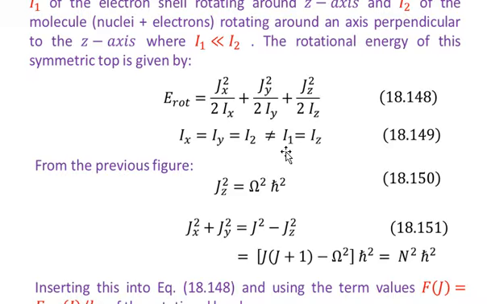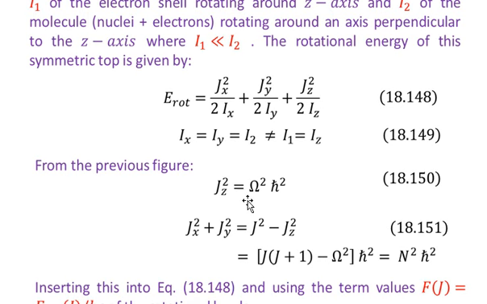Whereas Iz is equal to I1, that of the electrons, because the electrons are carrying out their motion about the z-axis. And of course, I1 is not equal to I2.